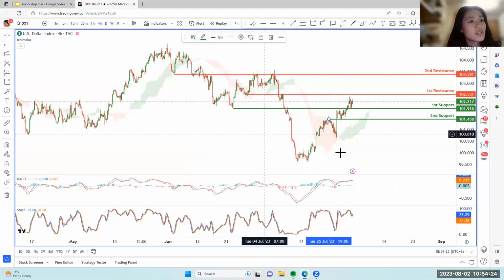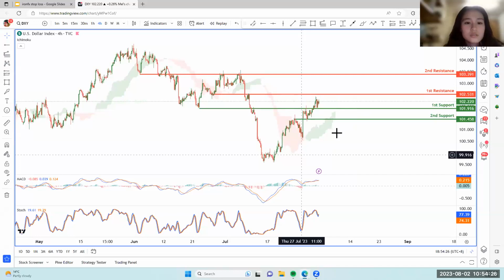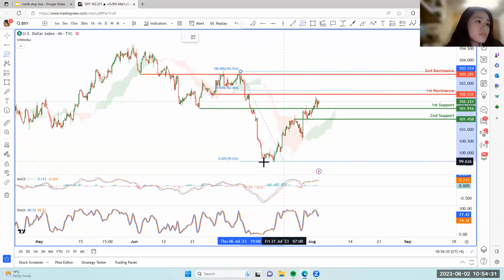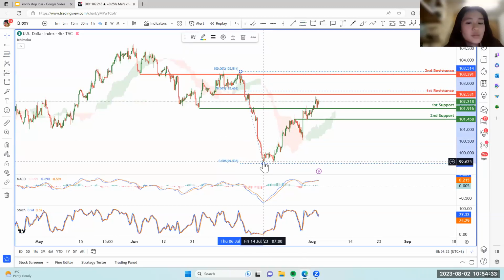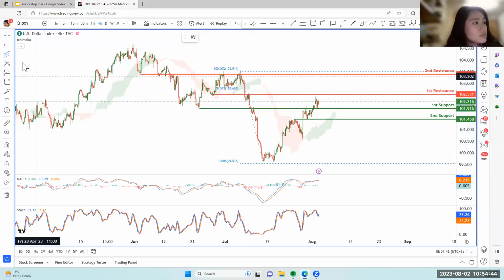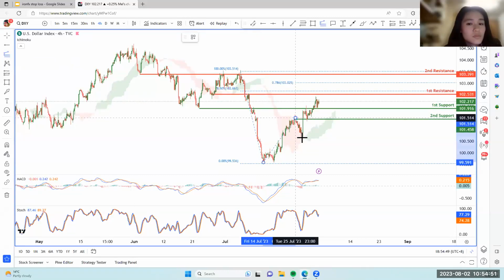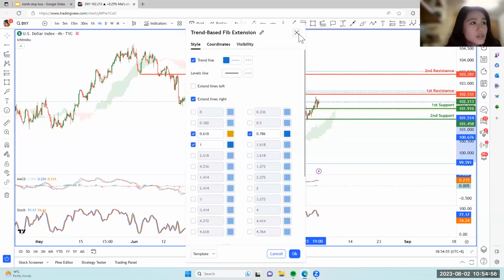Now let's go in with our Fibonacci levels. My 78.6 lines up. And let's go in with a projection. For projection, we use these three levels, so I'm just going to check.